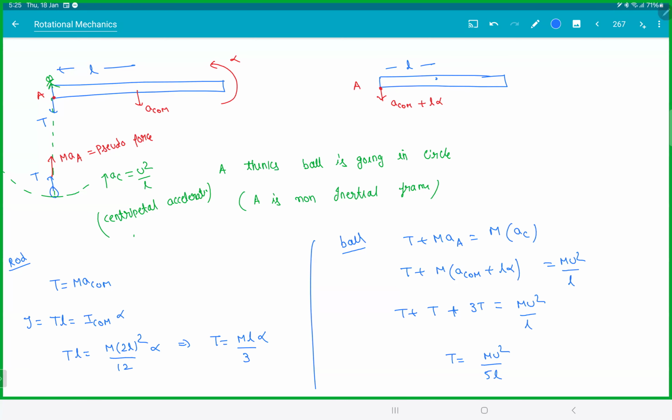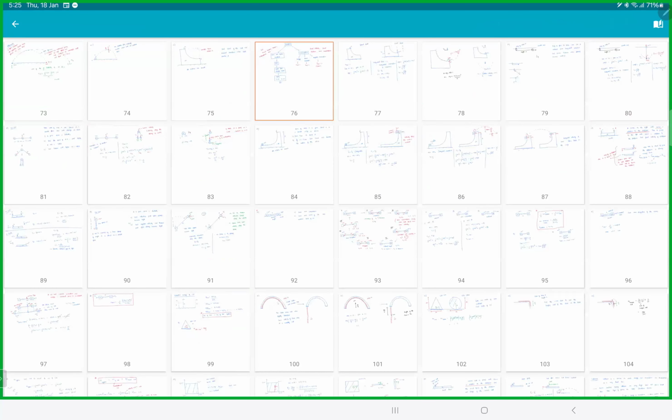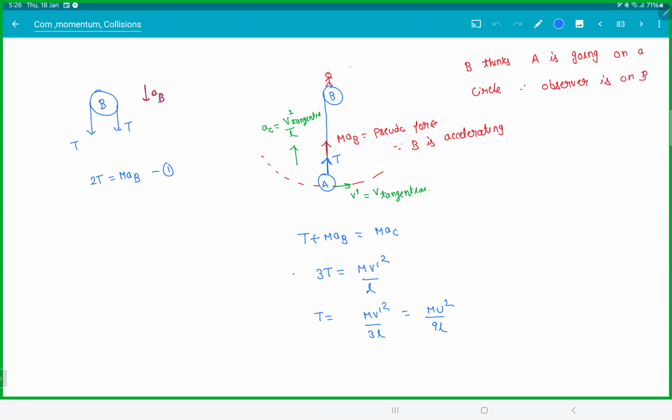And I'll tell you one thing, this is not new. We have done this before. You just don't realize it. Isn't this the same question where we did it? The question was find the tension in the string just before collision. What did we do? We said, because you're standing on B, which is accelerating, there was pseudo force and centripetal acceleration. Wasn't this the same question? Check it out.